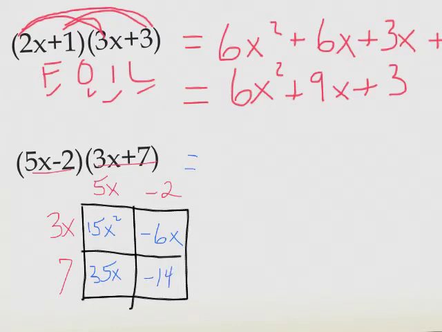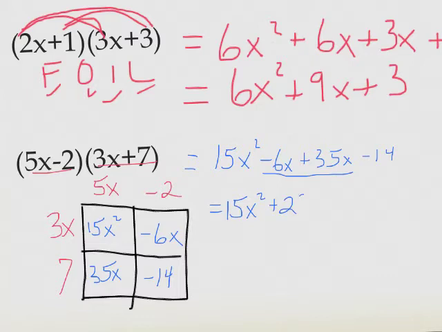So our answer here should be the sum of 15x squared minus 6x plus 35x minus 14. And so we have our middle terms here that we can combine. And we simplify this to 15x squared plus 29x minus 14. Okay, so that's all three of our examples, or all three of our methods at work.